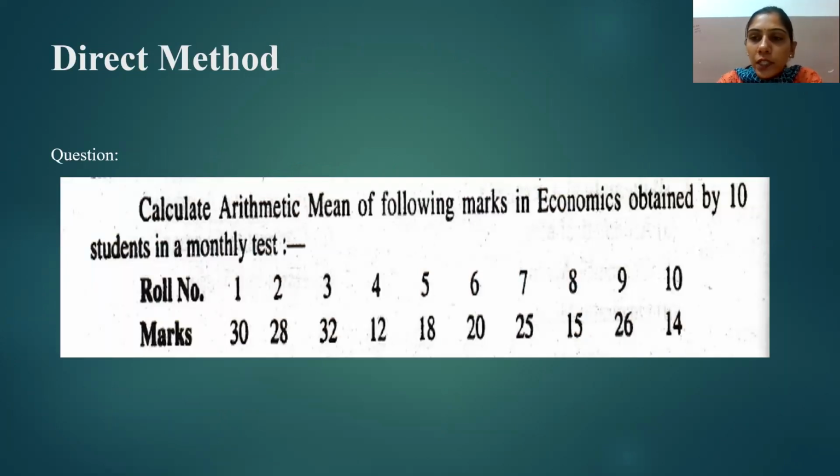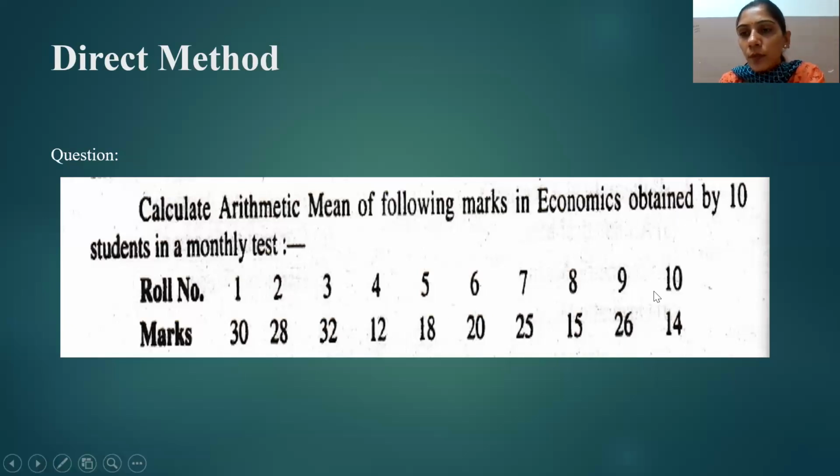As there are a total of 10 students, the roll numbers are from 1 to 10. The marks obtained by these students are: the student with roll number 1 got 30 marks, roll number 2 got 28 marks, roll number 3 got 32 marks, roll number 4 got 12 marks, roll number 5 got 18 marks, roll number 6 got 20 marks, and so on.